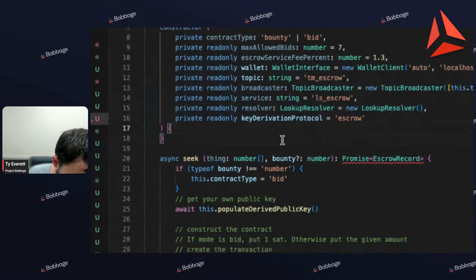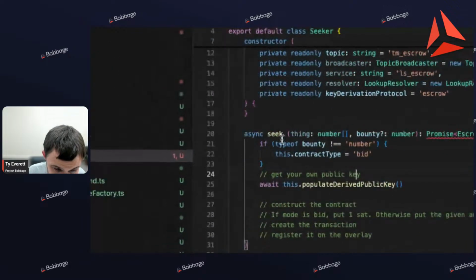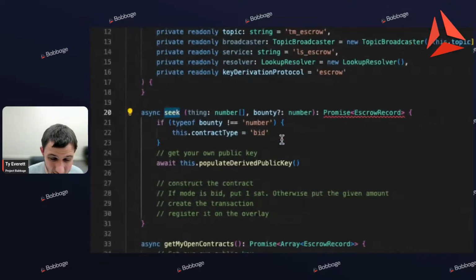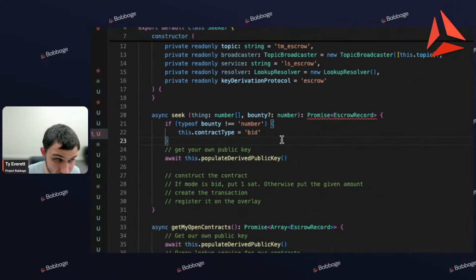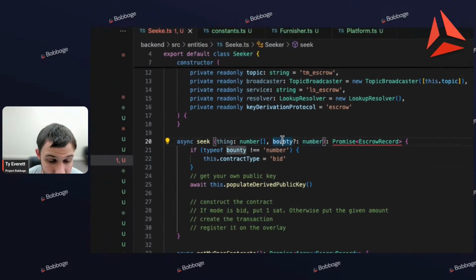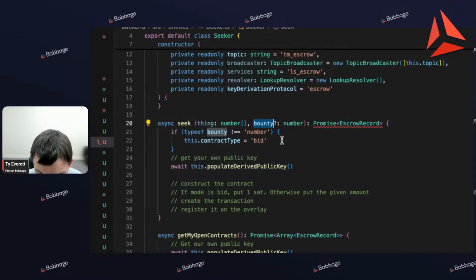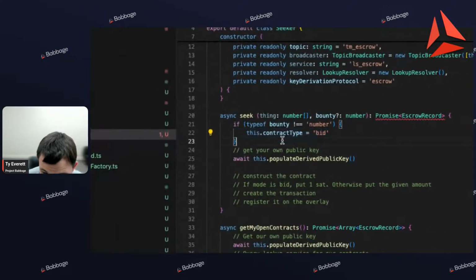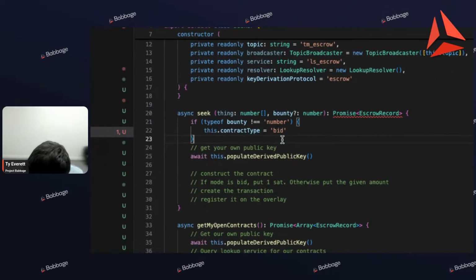They can put a contract out into the world saying, here's what I want done and here's how much I'm willing to pay for it. Or they can just say, here's what I want done, I'm accepting bids. Please submit your bids, and I will consider accepting them.